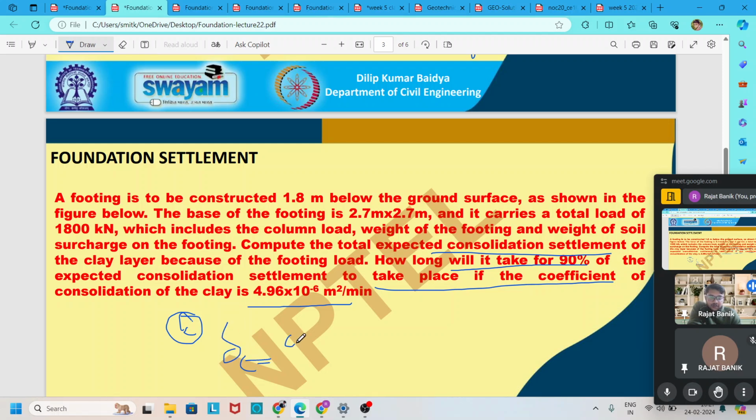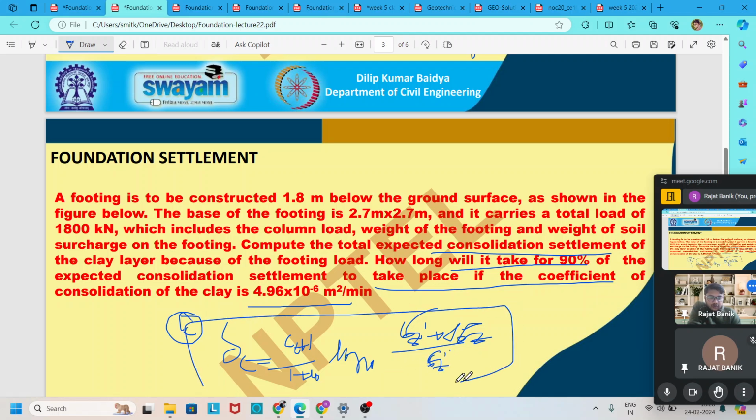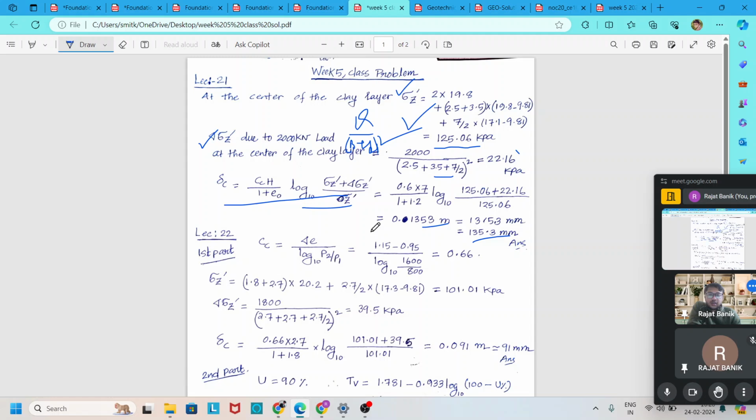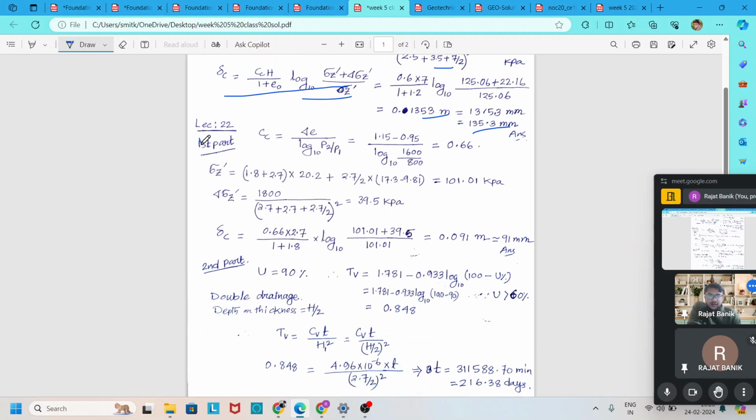Del H is equal to Cc into H divided by 1 plus e naught, log 10 of sigma z dash plus del sigma z divided by sigma z dash. So put all these values after finding them and you can get this. I am also solving this in my sheet. You can see that. First find out the Cc compression index.